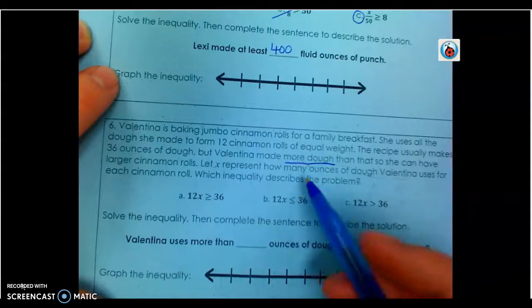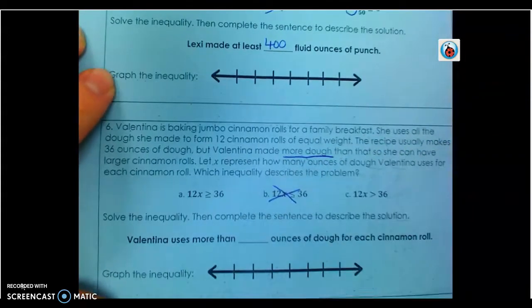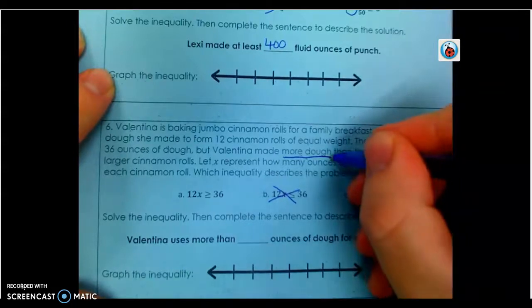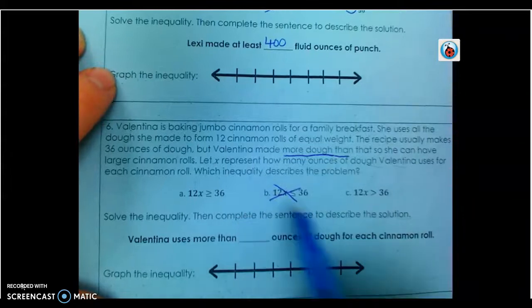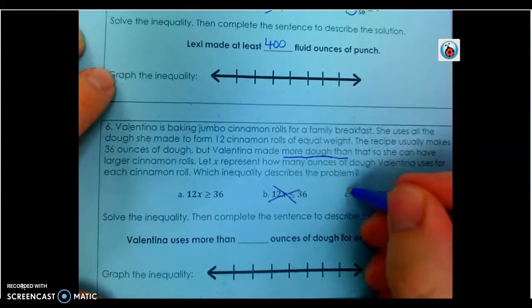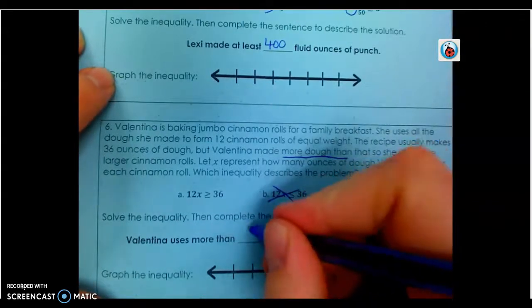Well, I know she has to have more dough than normal, so I know I can eliminate B. And if she has more dough than the 36 ounces, she does not have 36, she has more than that. So the answer would be C, okay, which comes out to 3 ounces.